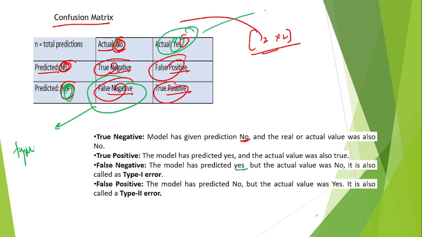This we call type 2 error, and this is called false positive. So false positive is type 2 error, false negative is type 1 error. What is false positive? Actual is no, predicted yes. What is false negative? Actual is yes, predicted is no. This is a confusion matrix.